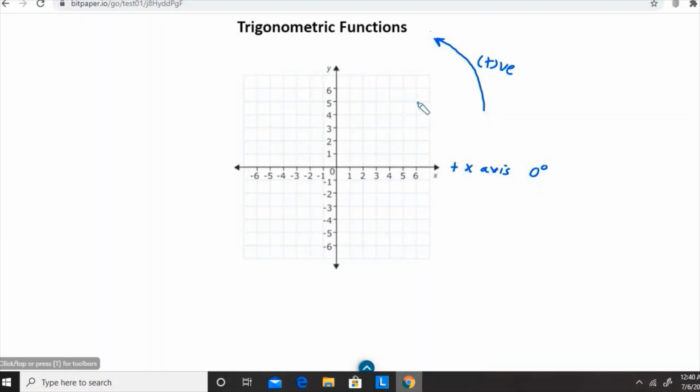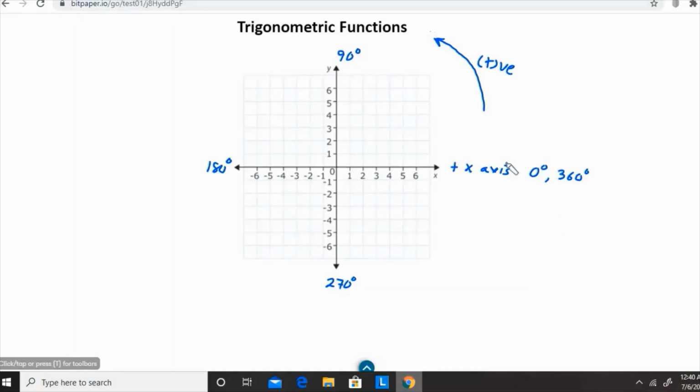So if it's 0 here, then this is considered 90 degrees, and this is considered 180 degrees. This is 270 degrees, and when you come back to the same original position, you have completed 360 degrees.